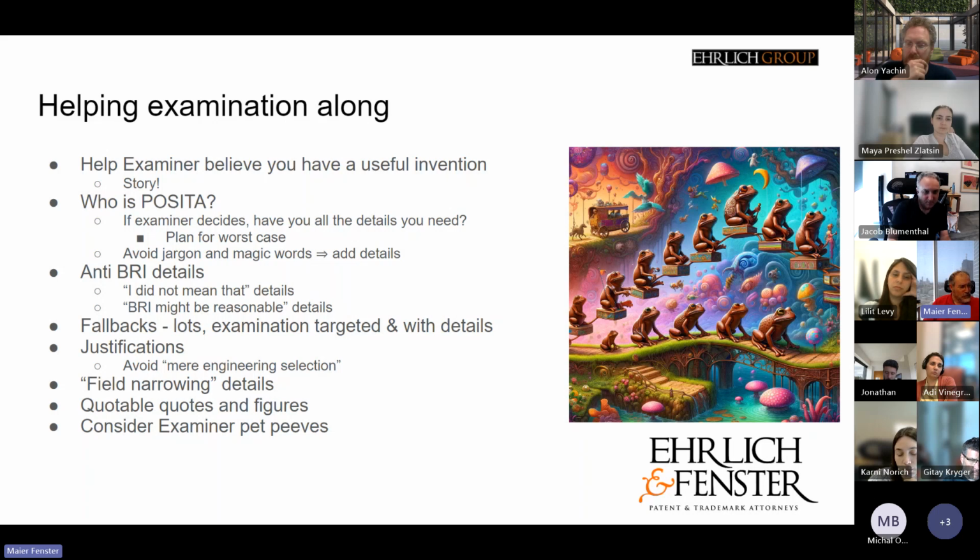And the more you know, the more details you're going to add in order to overcome these things. And I didn't list here, but different countries interpret different words differently. The words comprising and plurality come to mind. Plurality in Russia means something slightly different than what you would expect, and comprising in Australia, not quite sure what it means.